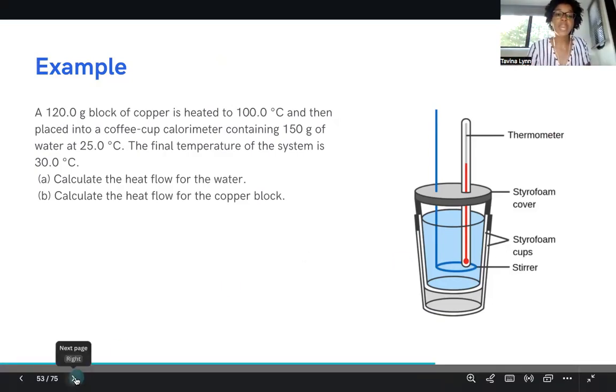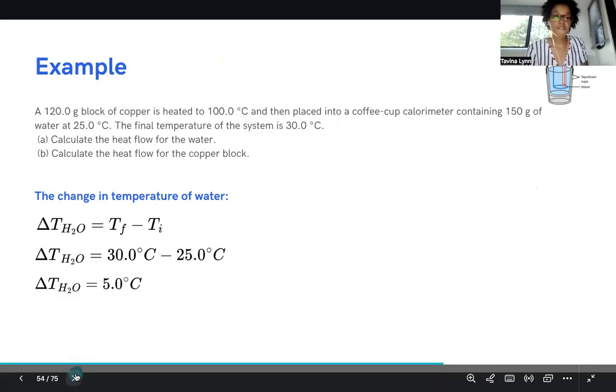So to actually calculate this, first, we want to get the change in temperature of our water. So essentially, we're measuring heat flow. We're measuring the heat that leaves the copper, and we're also measuring the heat that is absorbed or received by the water.